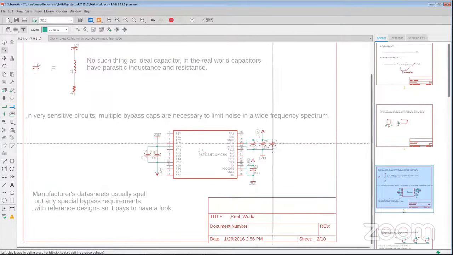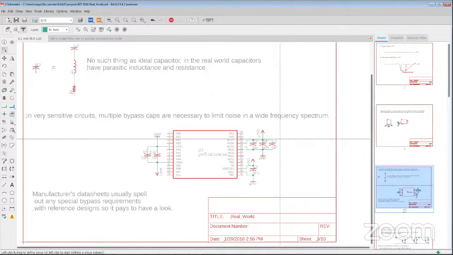Now, you don't have to figure this out on your own. Whenever you get a component, the manufacturer almost always gives you a recommended base layout, what decoupling you need, and how many. So you can use that as a starting point. Depending on your application, you may need more, but it'll get you in the ballpark.